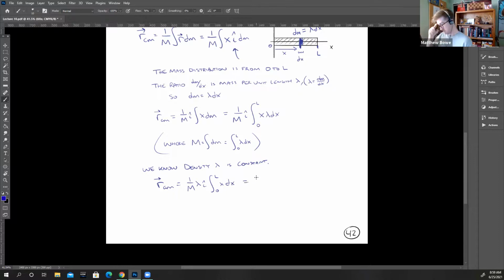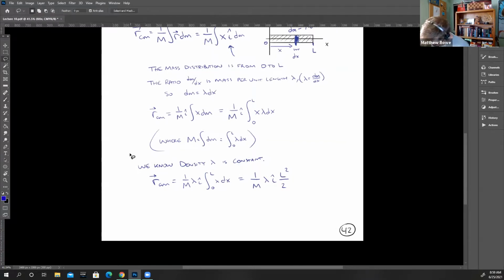And that will turn into really just a factor of the length of the rod, the total length. M is the density, and this is all just in one dimension. L over 2. And I'm going to run out of room just barely.